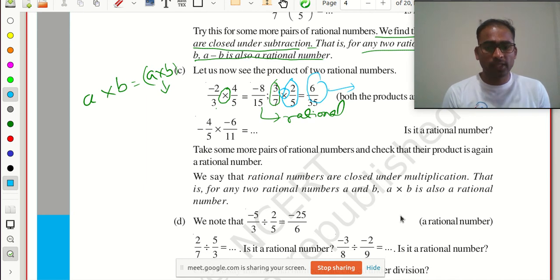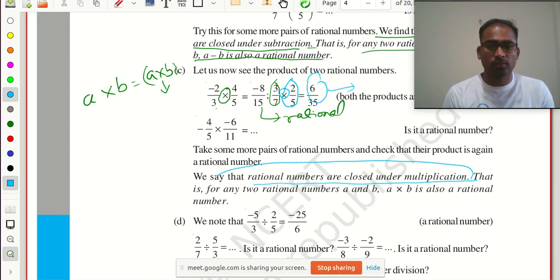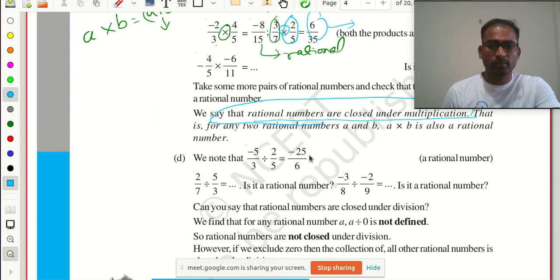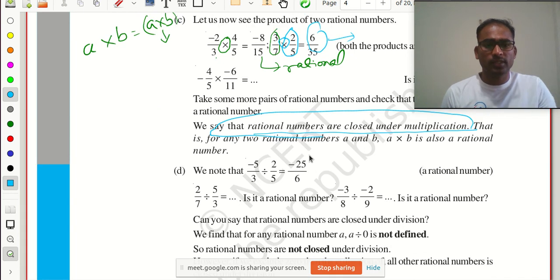So we can say rational numbers are closed under multiplication also. Understood? In a generalized way, A and B are two rational numbers, A into B is also a rational number.